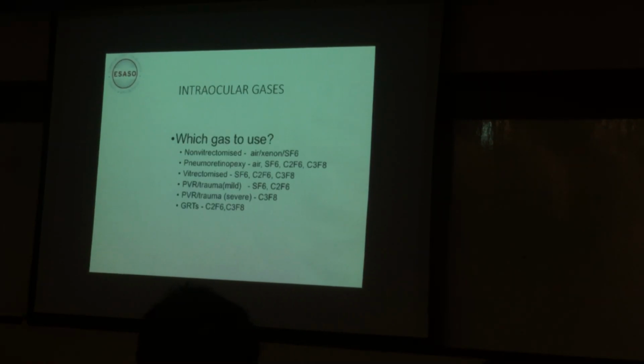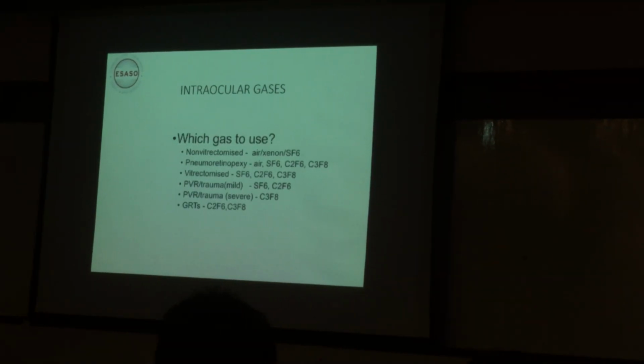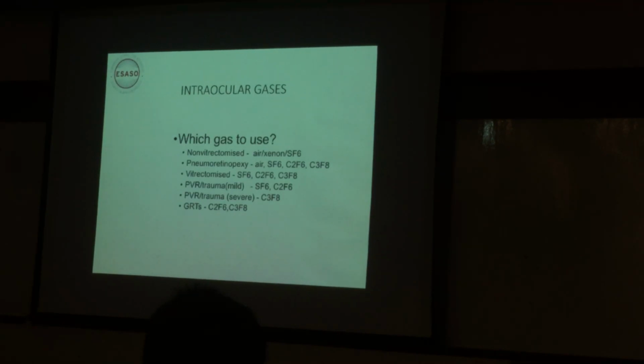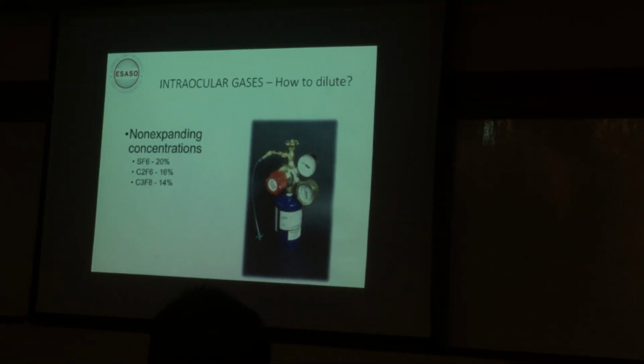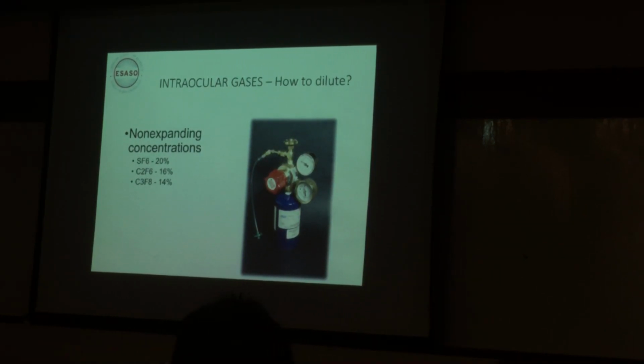Okay. In vitrectomized eyes, you would use the medium or the long-acting, and of course in complicated retinal detachments, most likely you will use the perfluorocarbon gases. Okay. So you must know the non-expanding concentrations of sulfur hexafluoride, C2F6 and C3F8, so that you can dilute the gas accordingly.